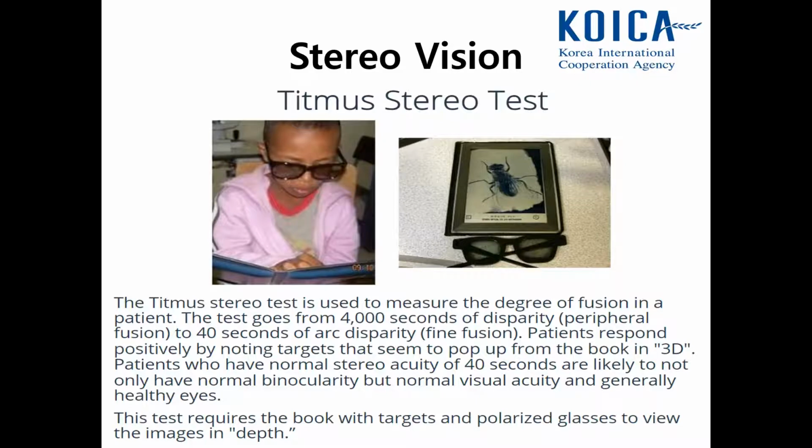When patients cannot recognize the pop out of the pictures in the stereo test book while wearing polarized glasses, we can guess there is some small amount of strabismus abnormality and the possibility of poorly developing visual acuity. It is easier than other tests, so we usually adapt this test to children.